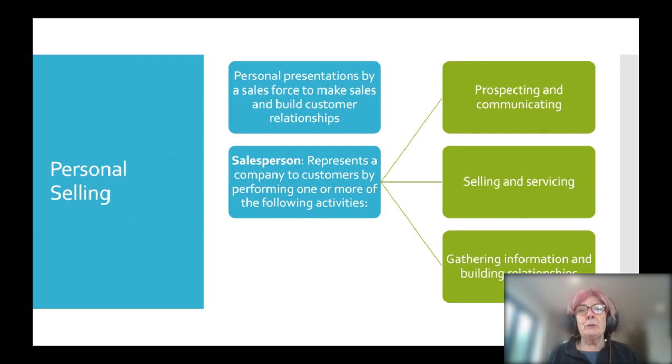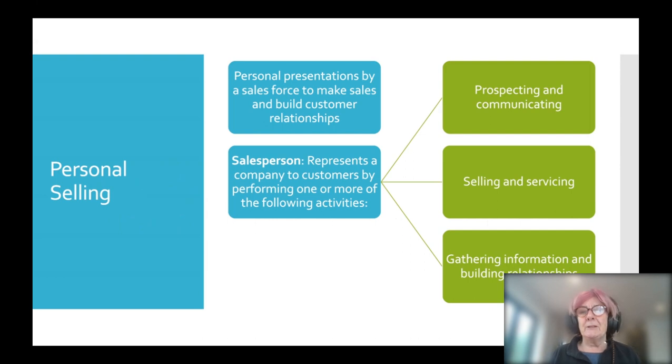First of all, they're prospecting and communicating. By prospecting, we mean they're going out and they're finding customers, and then they're communicating with those customers. Once they've found the customers, they're selling to those customers and servicing those customers. And that might mean helping those customers with queries.